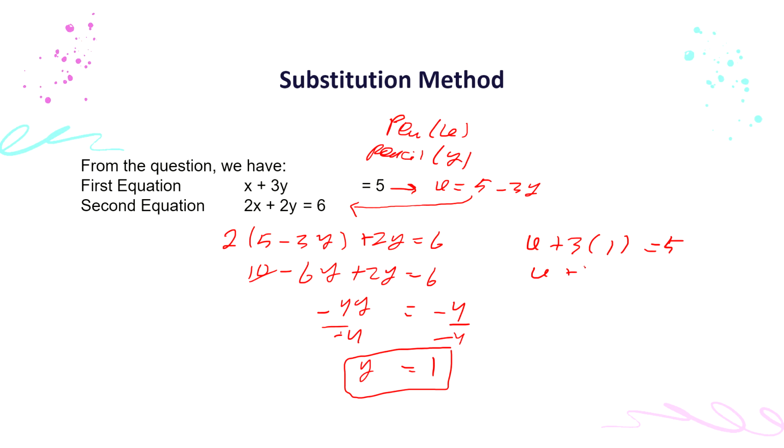So x plus 3 is equal to 5. Subtract 3 from both sides, so we get the value of x is equal to 5 minus 3, which is 2. So we know that the price of the pen is $2 and the price of the pencil is $1.